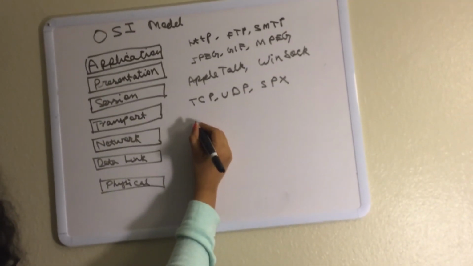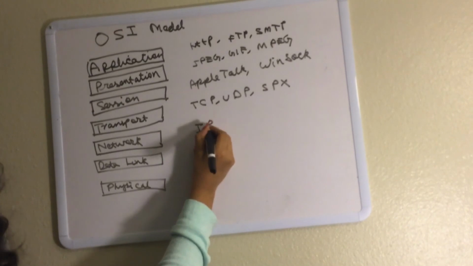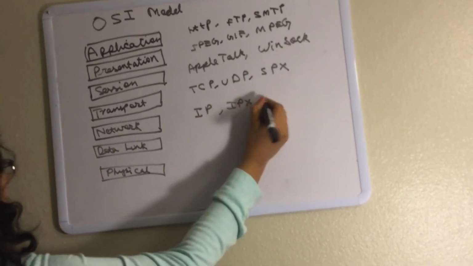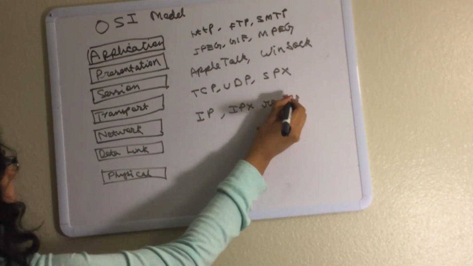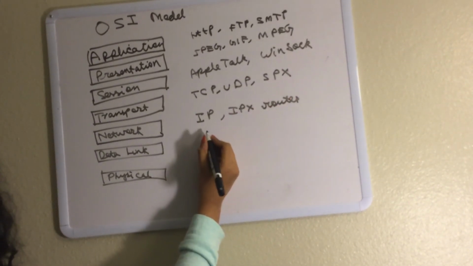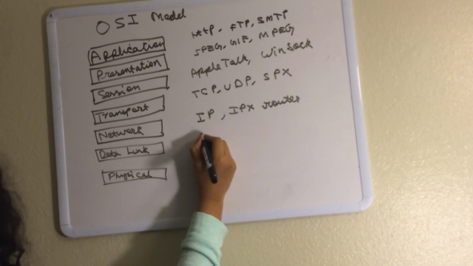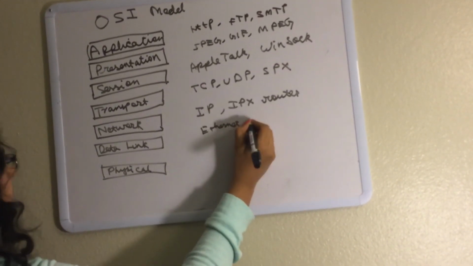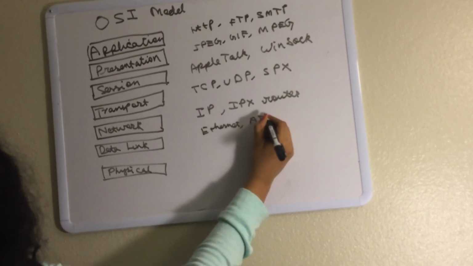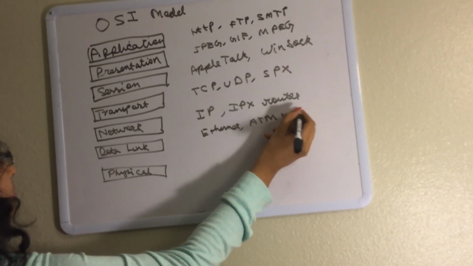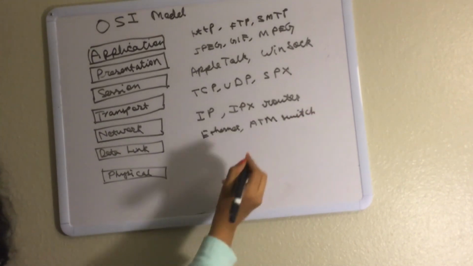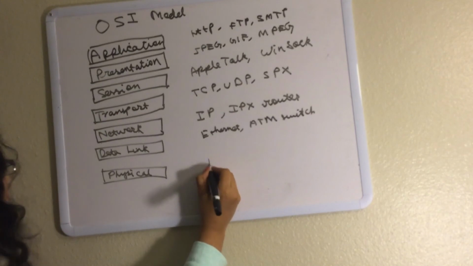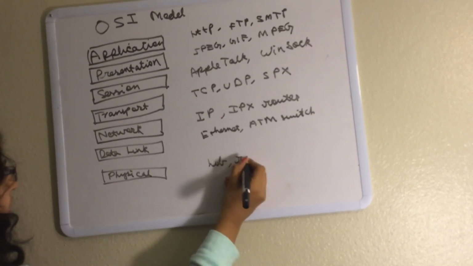The network layer has keywords such as IP address, and it also uses IPX, router. The data link layer uses keywords such as Ethernet and ATM switch. And then right at the end, we have the physical layer, which uses stuff like hub, repeater.